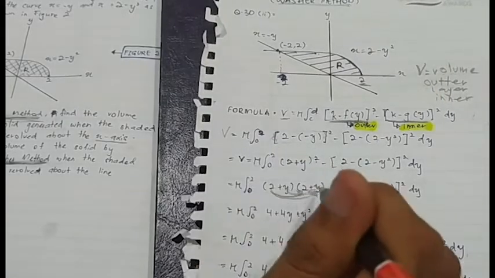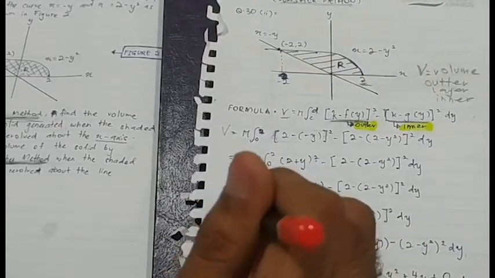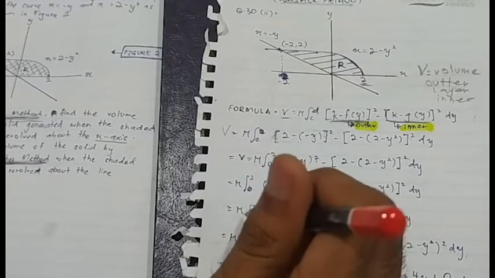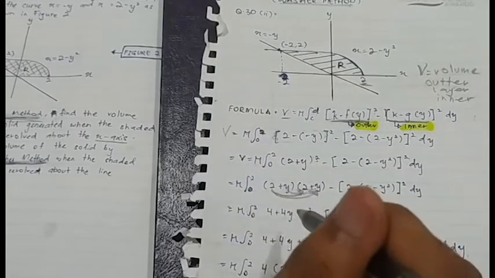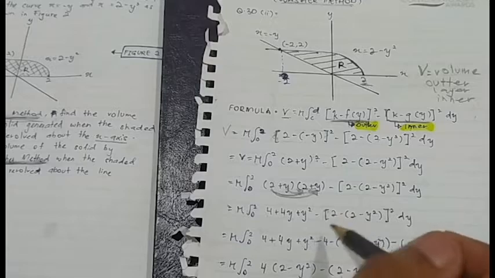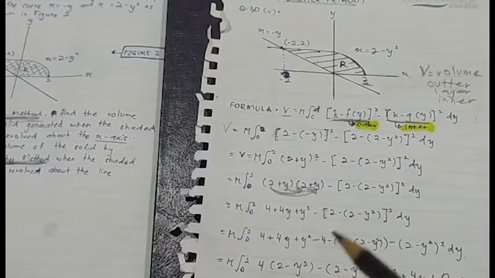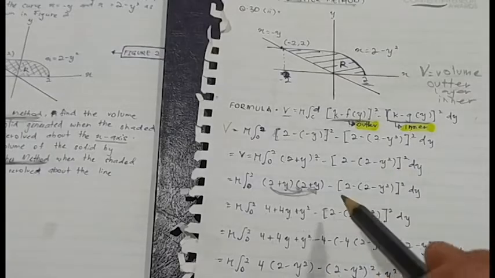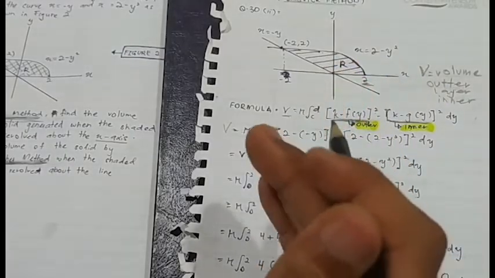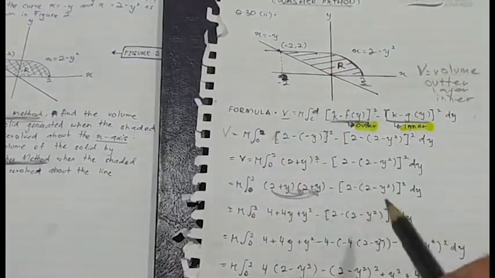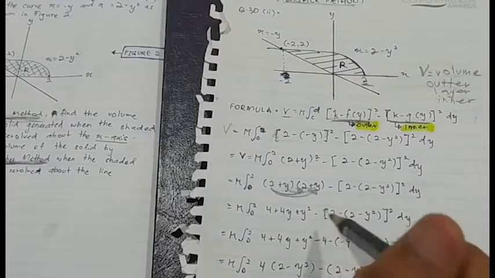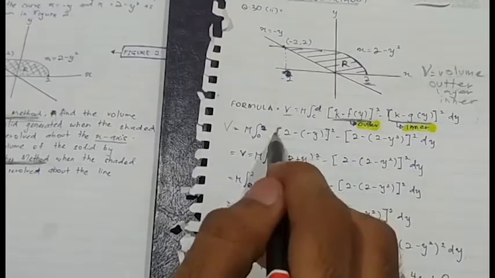So when we expand this, I get pi, we integrate from 0 to 2, 4 plus 4y plus y squared, negative 2 negative 2 negative y squared, squared dy. Now this is the part where we start to bother with this side of the equation, where we want to get rid of this, just as the first one.